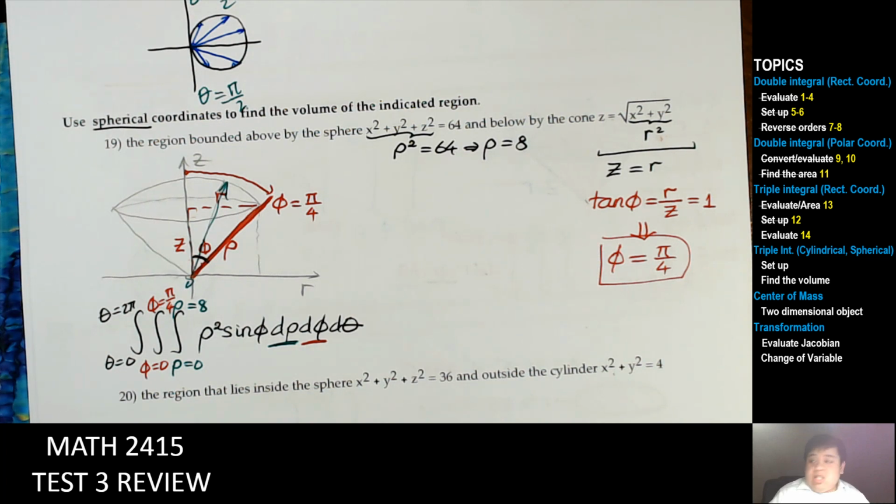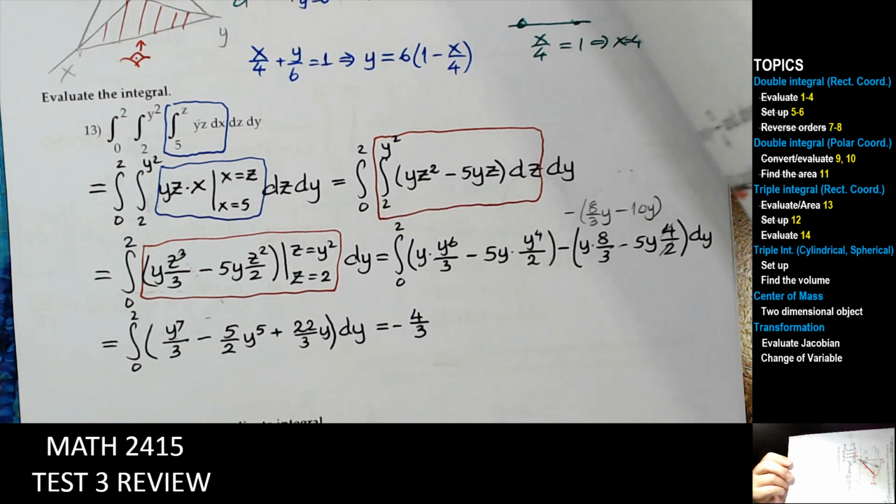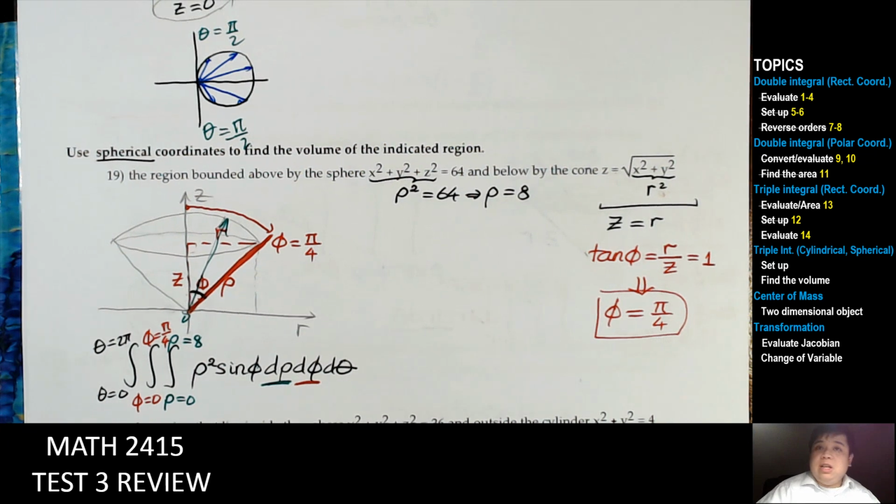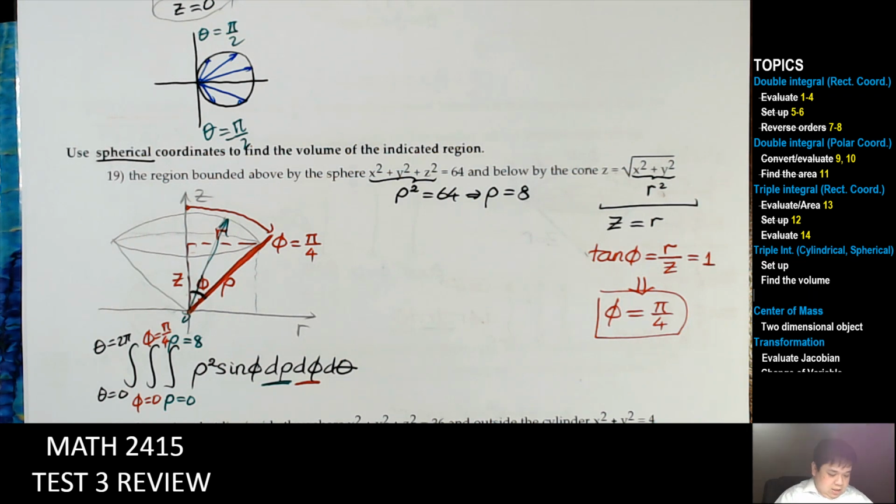By the way, on the test, if I ask this question, I will only ask you to set up the integral. So let's change number 19 and 20. Actually, 17 to 19, 17 to 20. Just evaluate the integral. I will put that here. 17 to 20. Just set up the integral. So we don't need to evaluate because the point is just how to set this up.